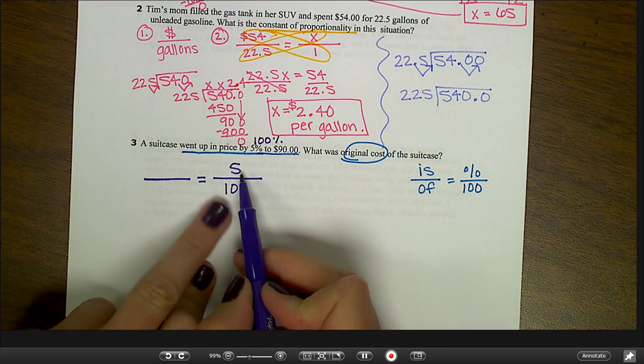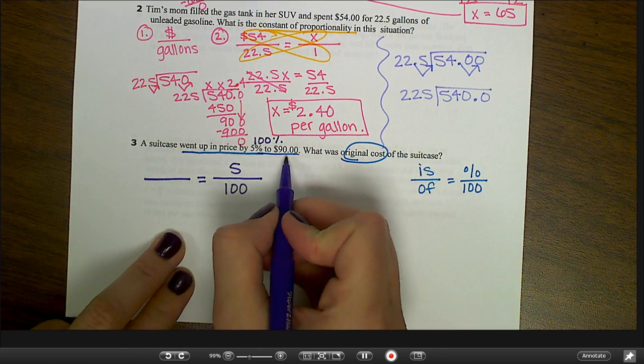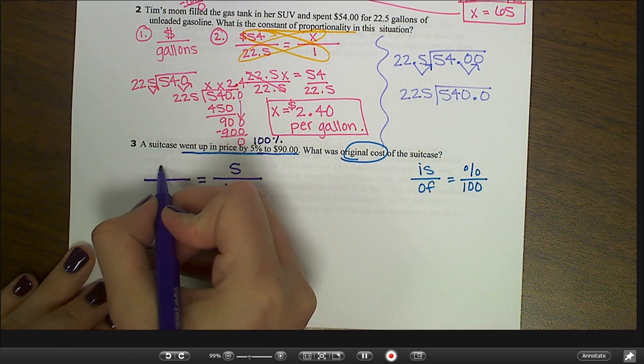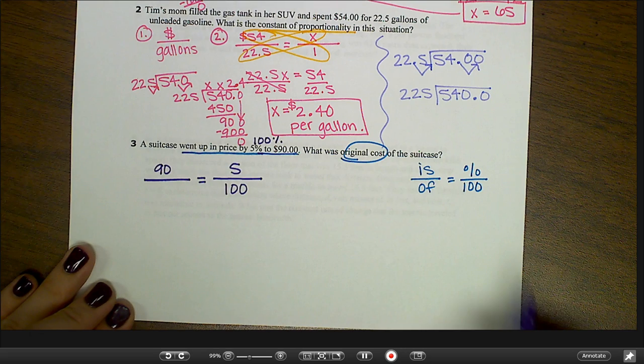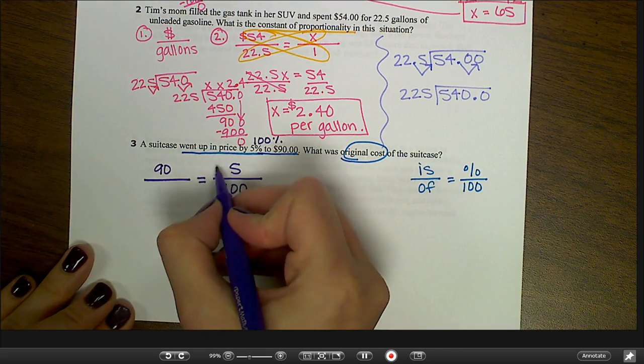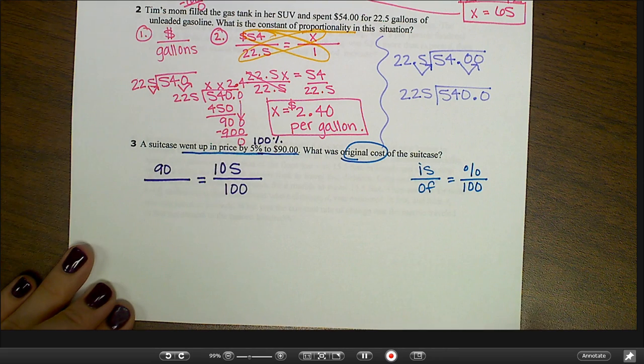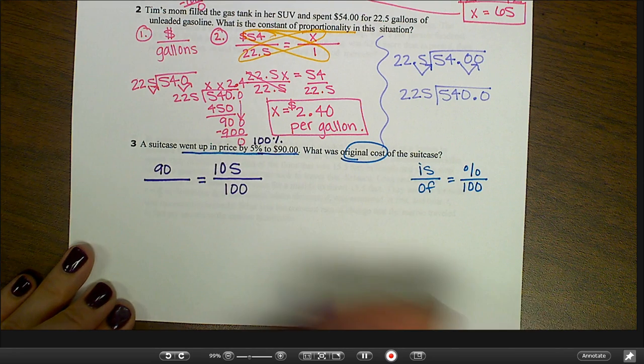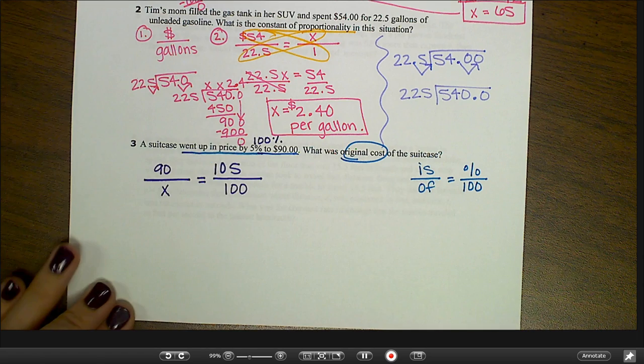So that means that $90 is, so I'm going to put it in the is place, it is actually 105% of whatever the original cost is.